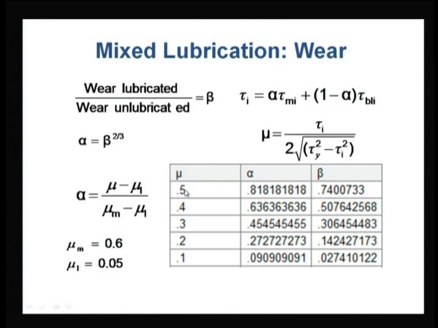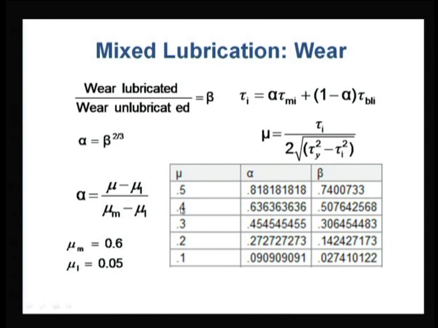In that situation, if we substitute the values and figure out alpha, it turns out to be 81.8%, or compared to metal to metal, it is reducing by around 18.1%. So, coefficient alpha is 0.8181, or maybe say 0.82, but beta is lesser. That means having a lubricant has a more effect on beta compared to alpha.